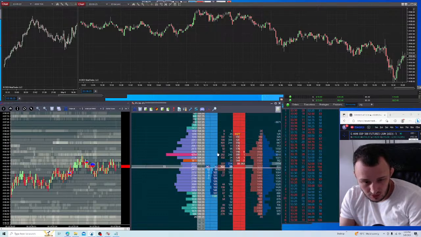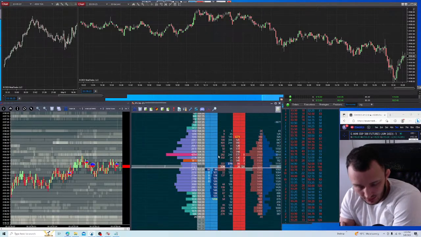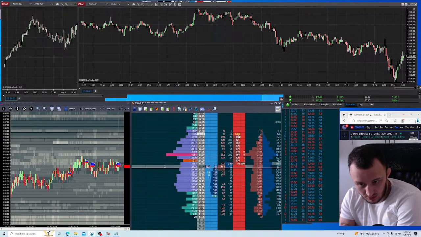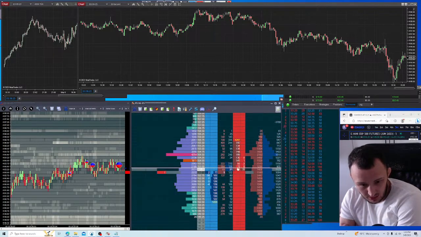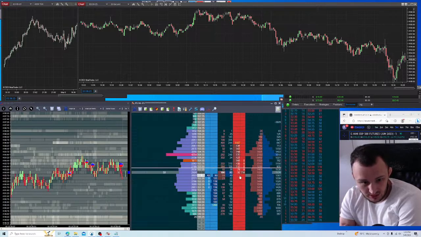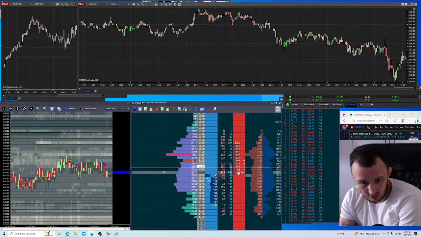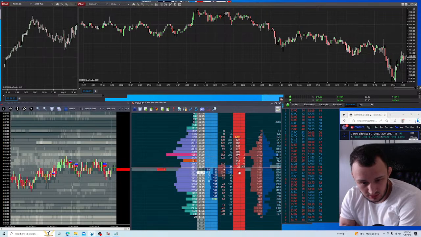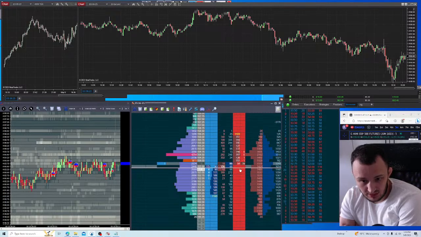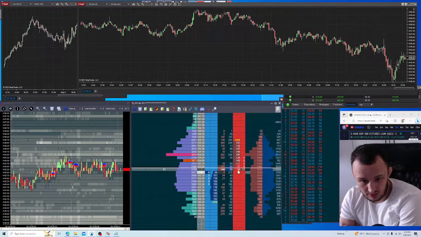But I don't want to long it here either, to be honest, because I do still see it struggling here. Big sellers could come in any moment. I want a clean break above 53.50 for me to short this, and this wasn't a clean break above yet. We're still struggling here. I might be tempted even to short this.